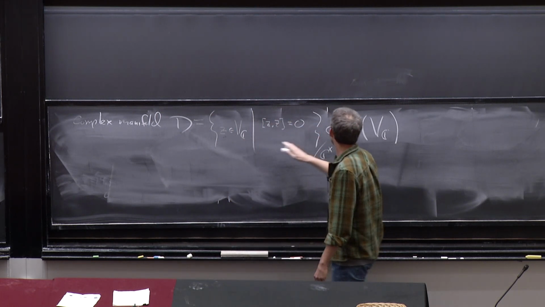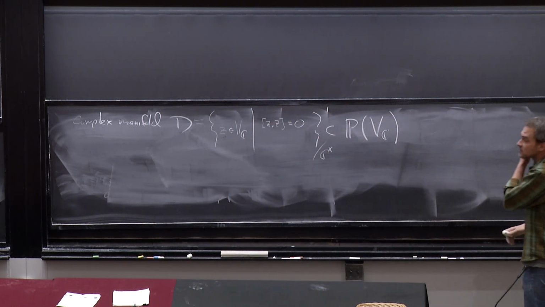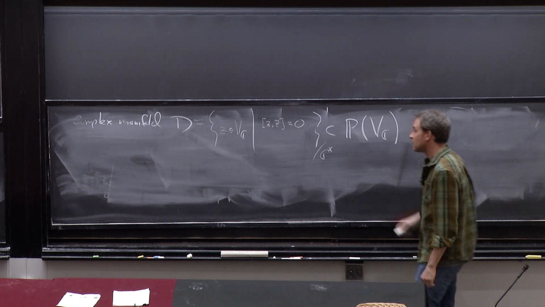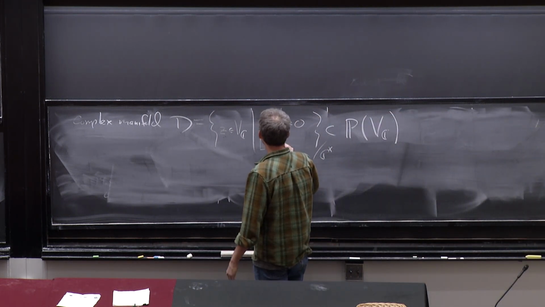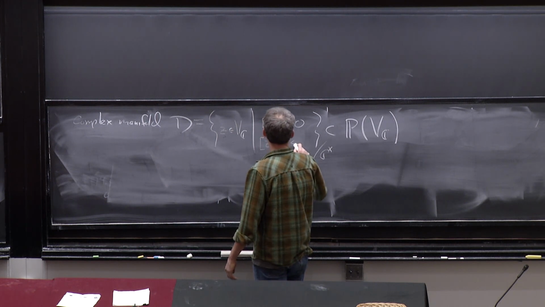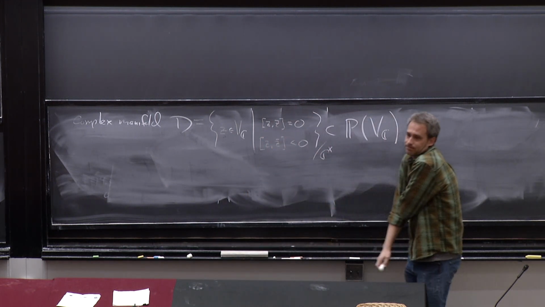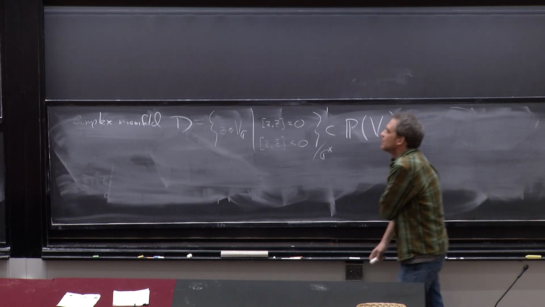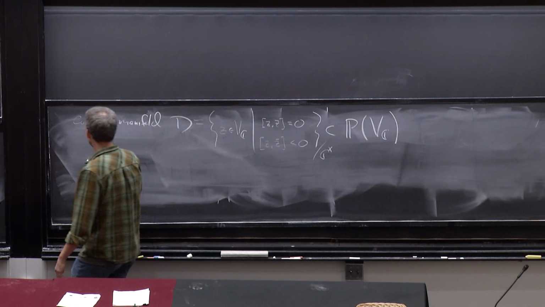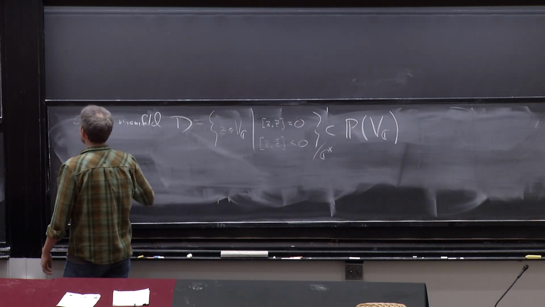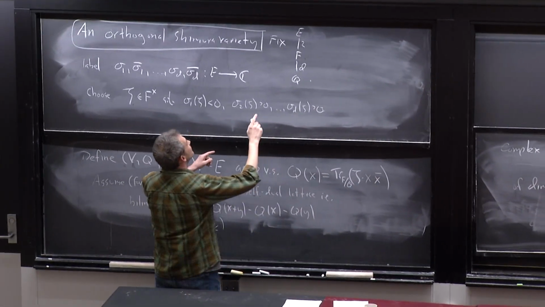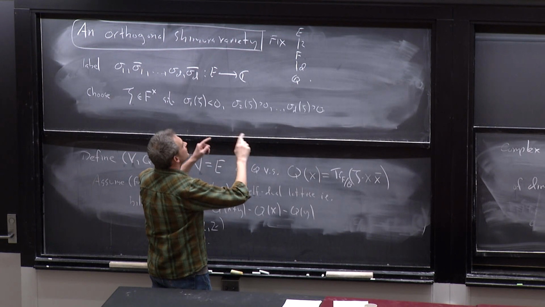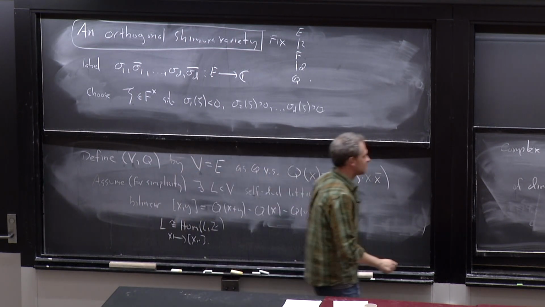So I can look at the quadric hypersurface of isotropic lines in projective space, and then I want to impose an open condition on that, which is that z bar is negative. So this is some complex manifold of dimension 2D minus 2.